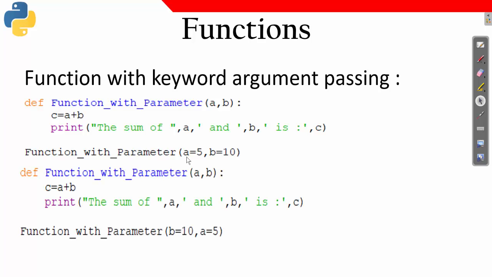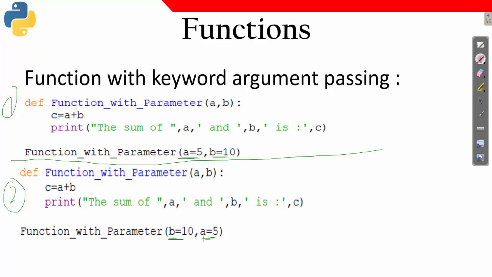So what will happen? Now in the same program I have written b equal to 10 and a equal to 5. Two different programs are here. This is the first program, and this is the second program. In the first program I have written a equal to 5, b equal to 10, and here I have written b equal to 10, a equal to 5.